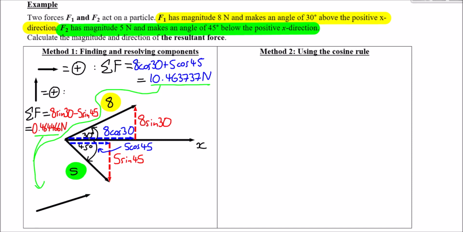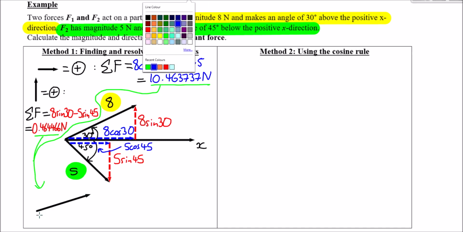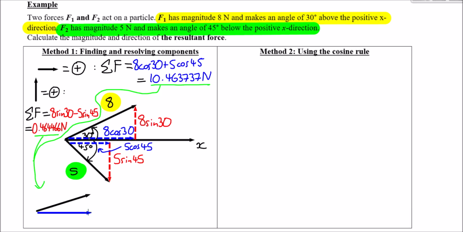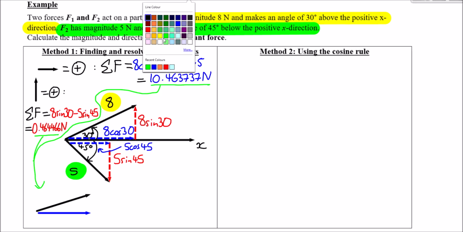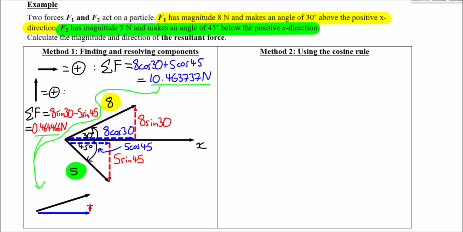So again, we've got 10.466, whatever, this horrible decimal going along, and slightly up 0.46-ish going up. So we want the magnitude and direction of this resultant force, so we can now begin to think about this.